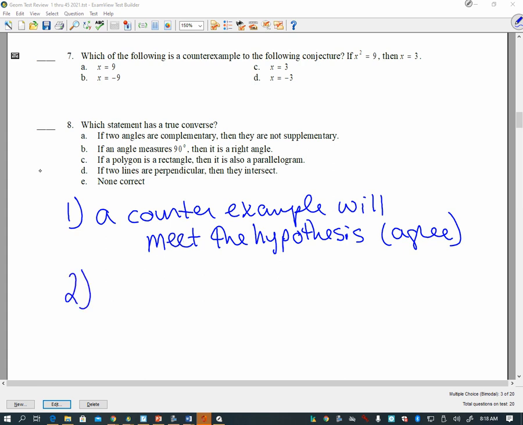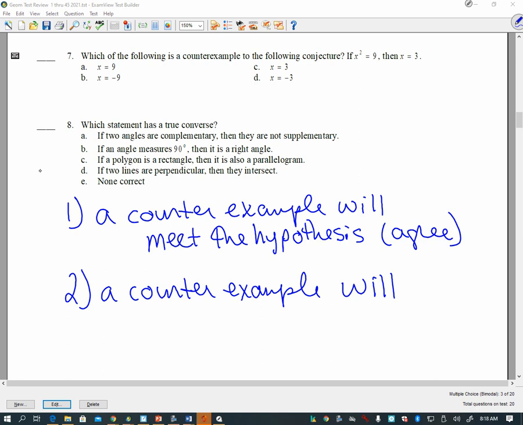Does anybody know what the second thing a counterexample will do? Let's try to think of some real world counterexamples.